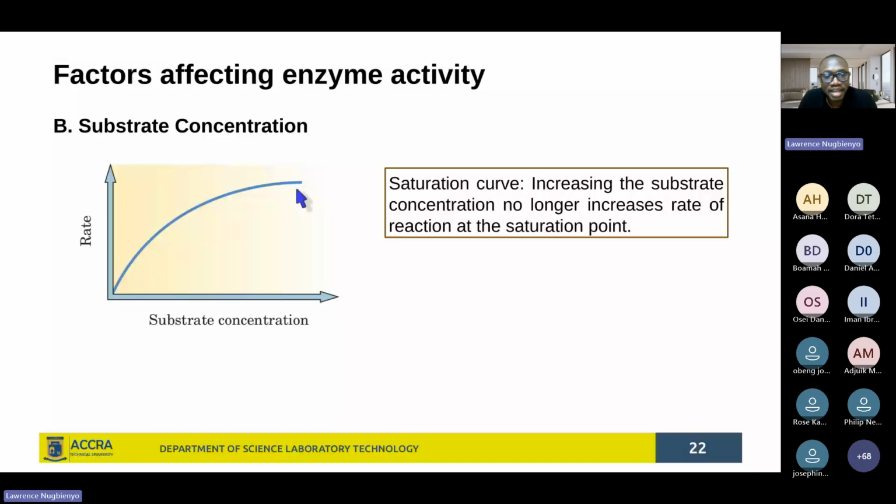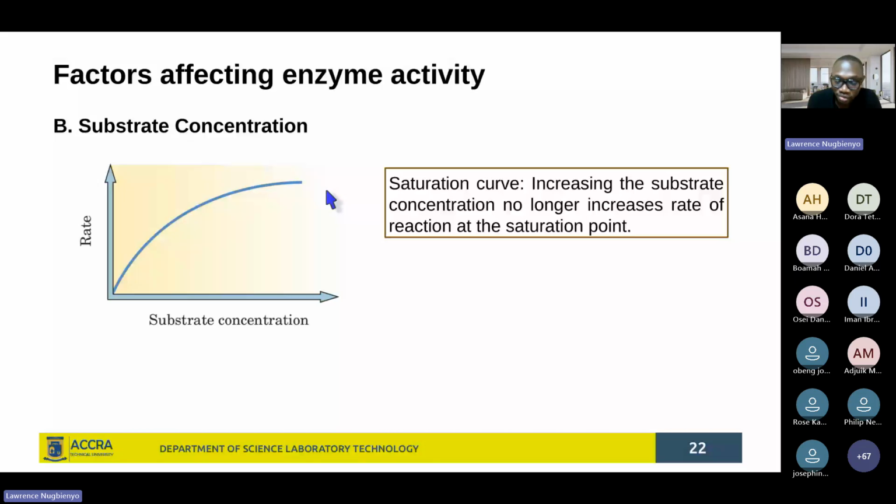Why is that? When you have enzymes that are acting on the substrates and you keep increasing the concentration of the substrate, it means that you are having molecules of the substrate that will be occupying molecules of the enzyme. And it will get to a point that the enzymes will be saturated.